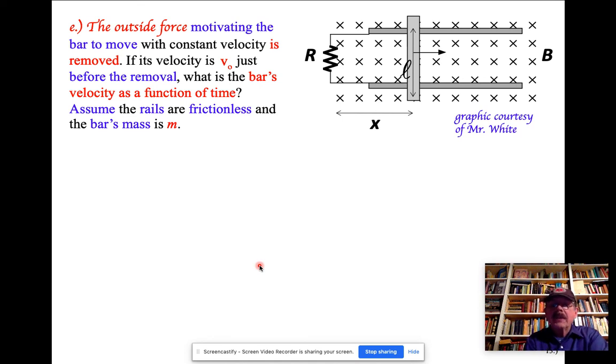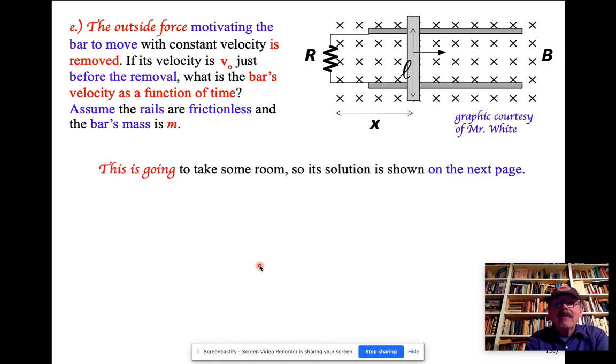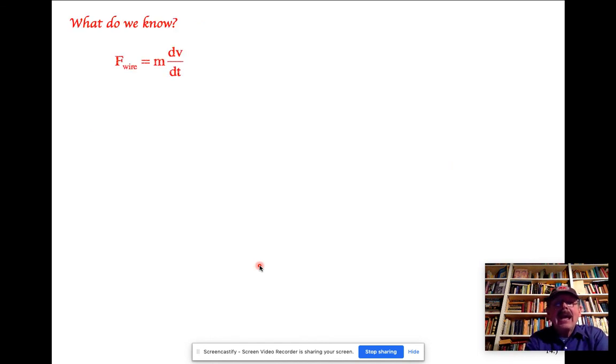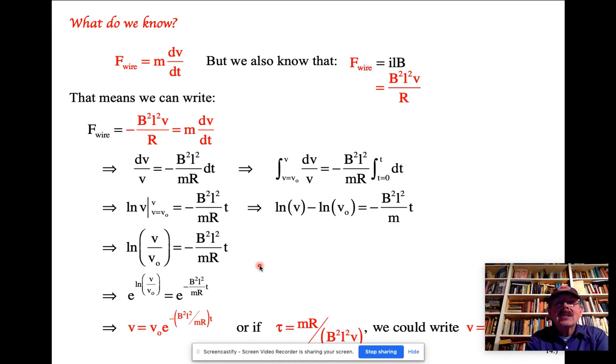Okay, so hopefully you're back. I'm hoping that you're realizing that this is going to be one of those wonderful Newton's second law problems where you take the force and put it equal to ma, except a isn't really a, it's actually dv/dt. And then from there, you go ahead and manipulate. So it turns out that the force is a function of v. And so you've got to manipulate. So here is the force.